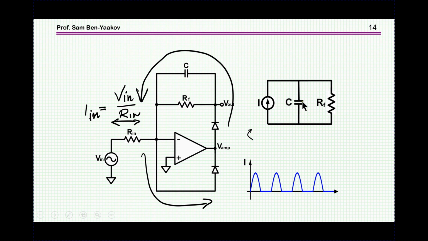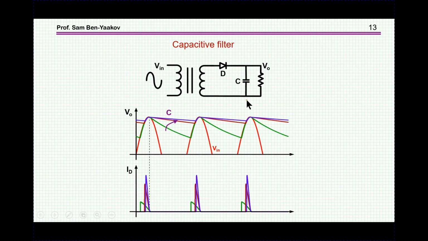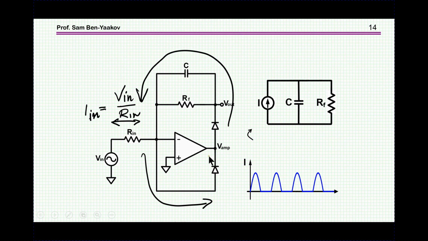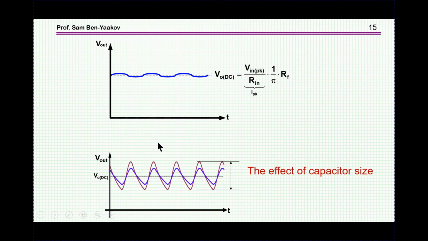But with a large capacitor, we're going to see a small ripple. So this is a very major difference between this circuit, which looks pretty much the same as here, and this circuit. This is a current. This is not a voltage. So therefore, the DC output voltage here is independent of the capacitor.